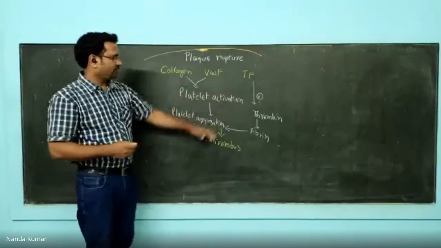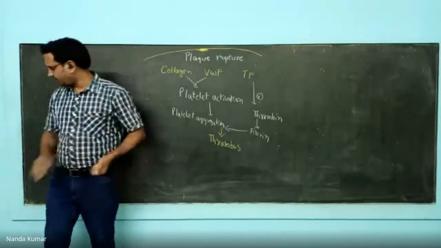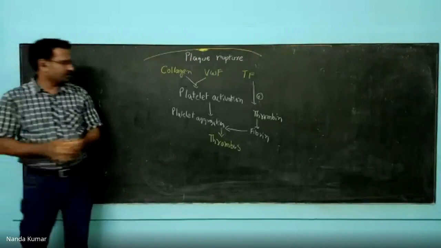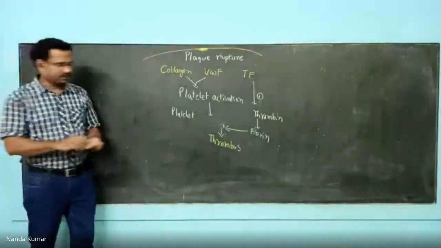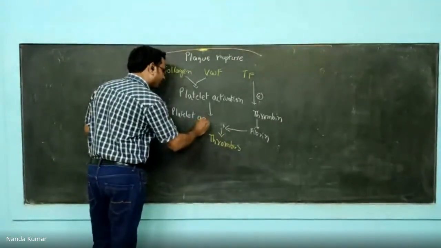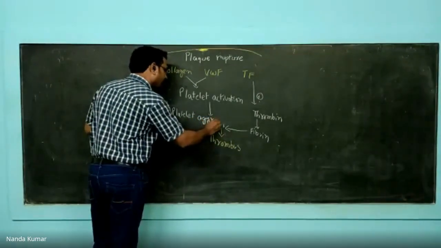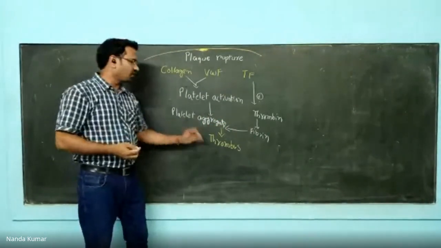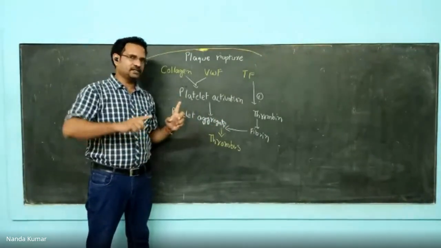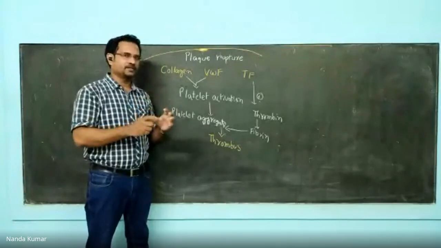This is how platelet plug or thrombus formation occurs. So understand, a thrombus is a combination of platelets, fibrin, and trapped red blood cells.